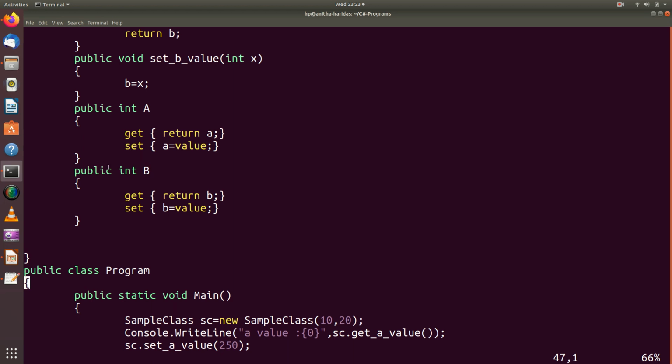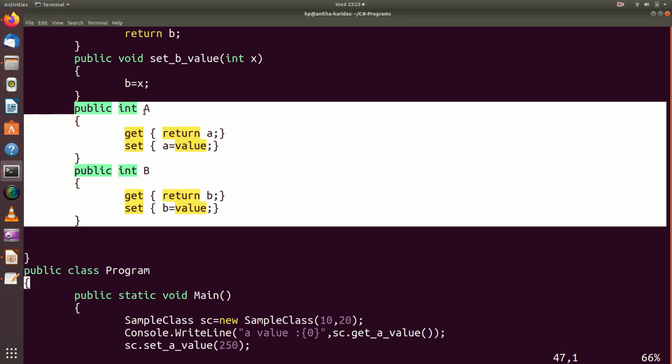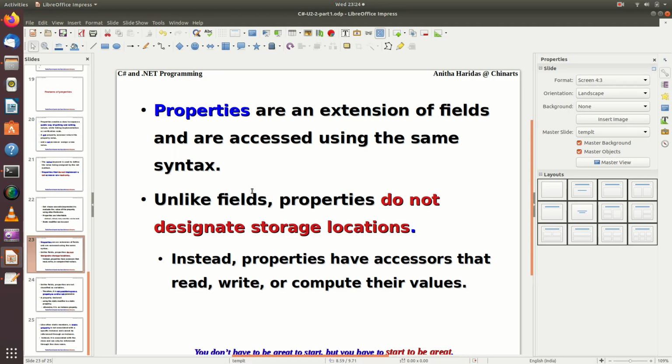Capital B is an extension for managing small b. So what happens now? The system will not allocate any memory location for capital A and capital B because they are manipulating small a and small b. So small a and small b will occupy memory locations, whereas the properties capital A and capital B will not occupy any memory location. So this you have to understand clearly.